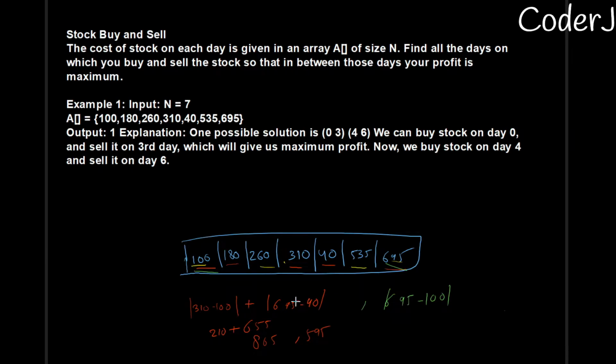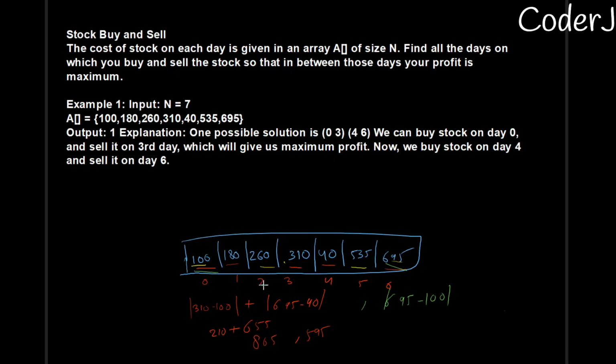So we know that the best way the seller can maximize his profit is he buys at 100, sells at 310, buys at 40 and sells at 695. That is what the question asks us. They want us to tell them the coordinates, like when the seller should buy and when he should sell to maximize his profit. If I simply write the indexes of the array, remember the index starts from 0.